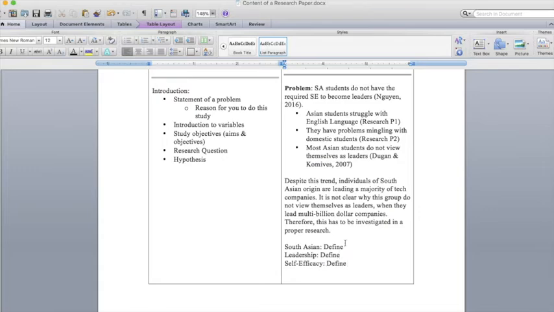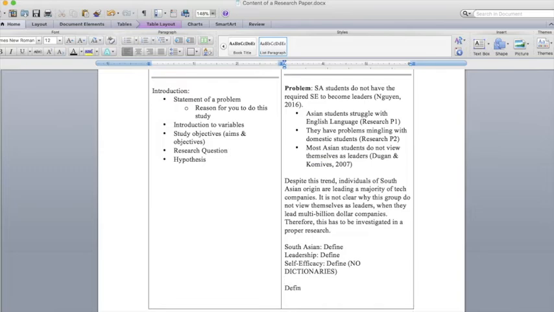Now when you define, don't get definitions from dictionaries. No dictionaries. Your definitions should come from peer-reviewed papers.